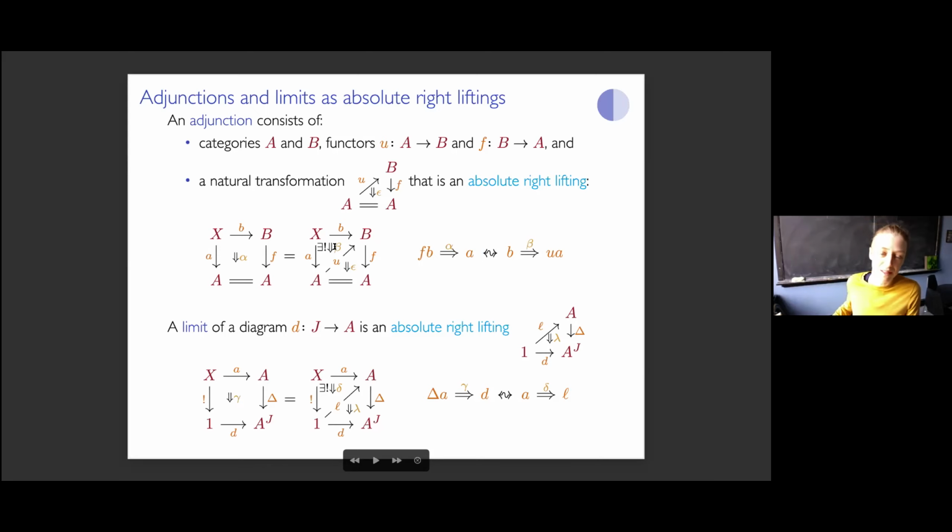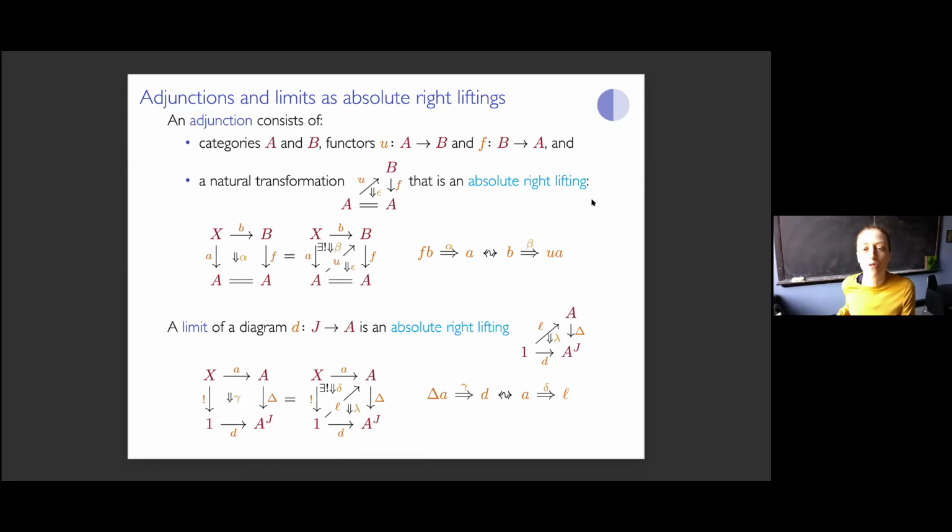In any case, what the factorization produces, the thing corresponding to this alpha, is another natural transformation beta from B to U of alpha. And this is the transposition relation of an adjunction. So there's a bijective correspondence between these natural transformations alpha and these natural transformations beta.